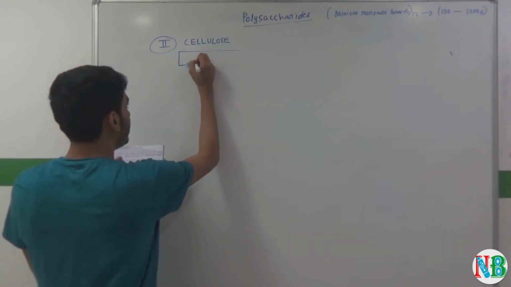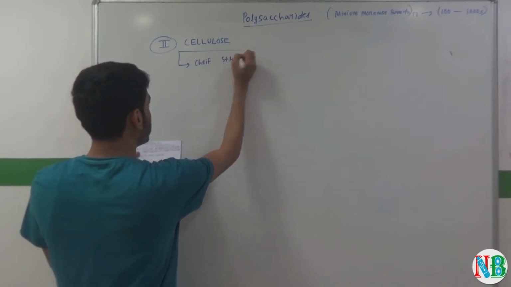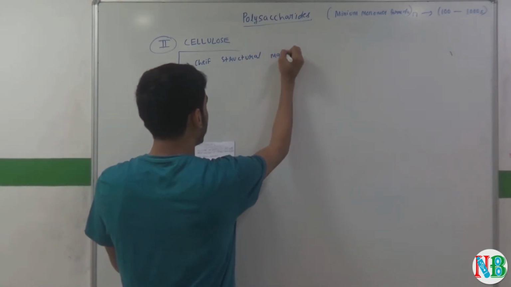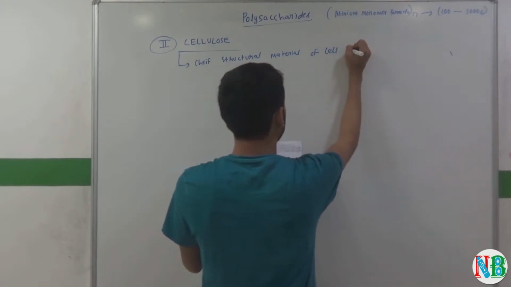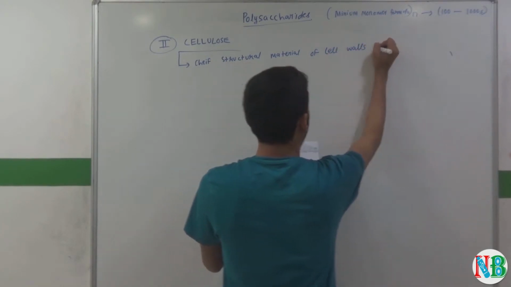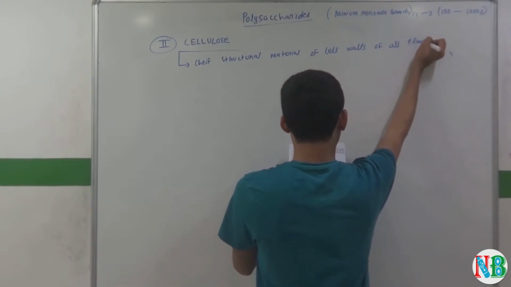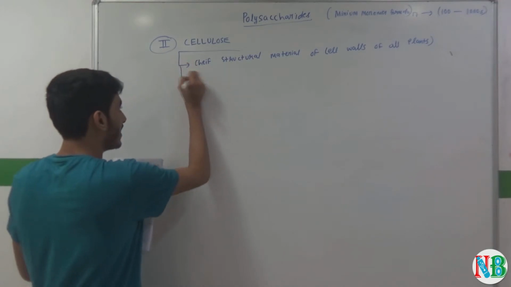So it's the chief structural material of cell walls of all the plants. It is the chief component.